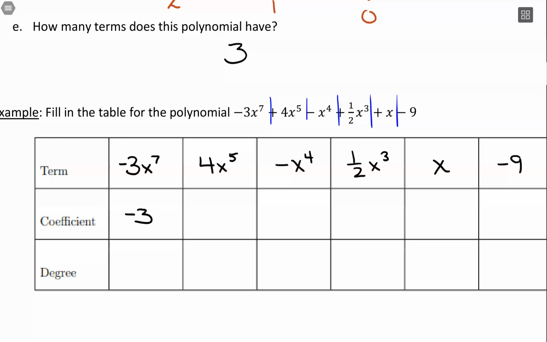So our coefficient would be negative 3, a positive 4. This would have a negative 1 coefficient, a positive 1/2 coefficient, a coefficient of 1, and this would have a coefficient of negative 9. The degree is coming from the exponent, so this would have an exponent of 7, 5, 4, 3, 1, and then this last one would be 0. So there's our polynomial function and some terminology to go with it.